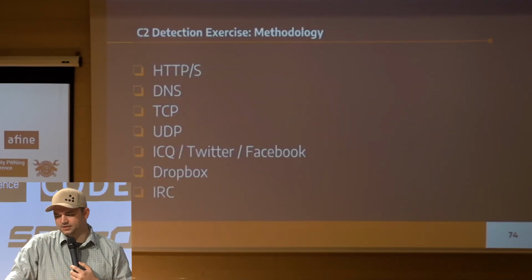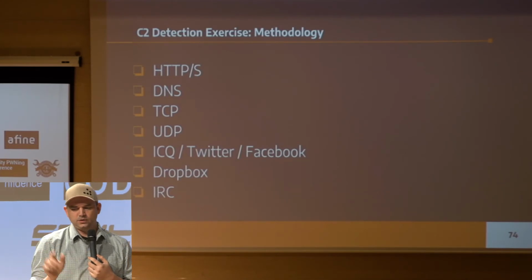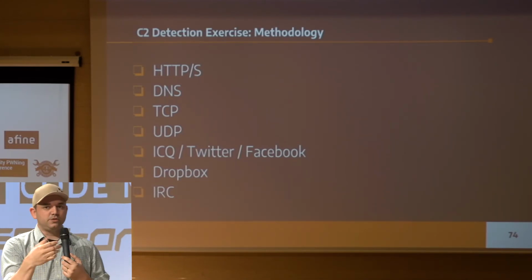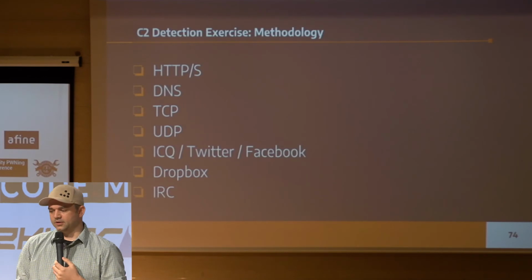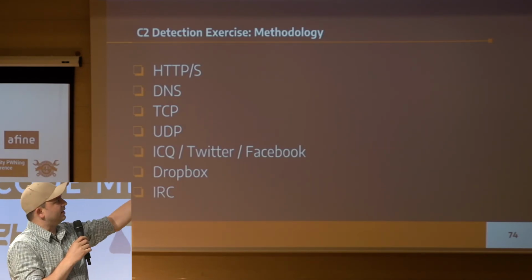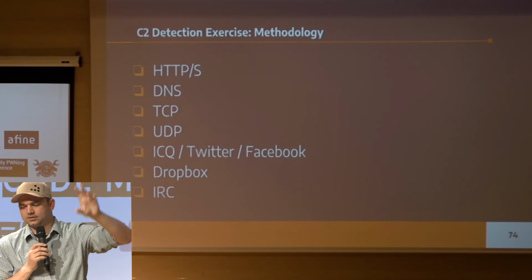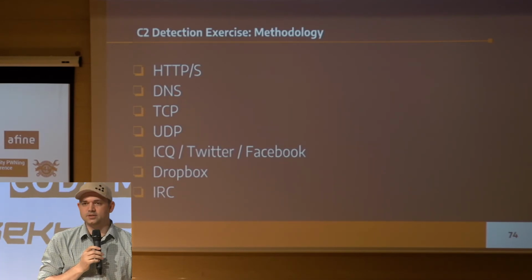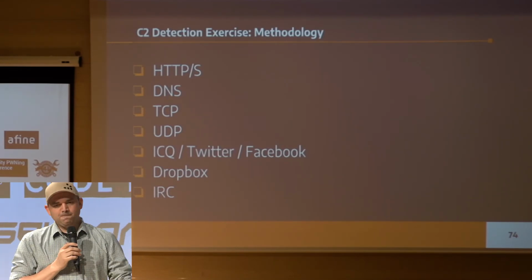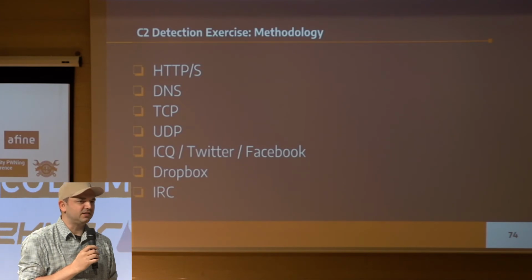And then C2 detection. Real quick through this. This is where you try different C2s, and I actually did this for an organization where I tried HTTPS, DNS, TCP, UDP, everything was blocked. They even detected Twitter C2, which is awesome. Tried Dropbox, still detected it.